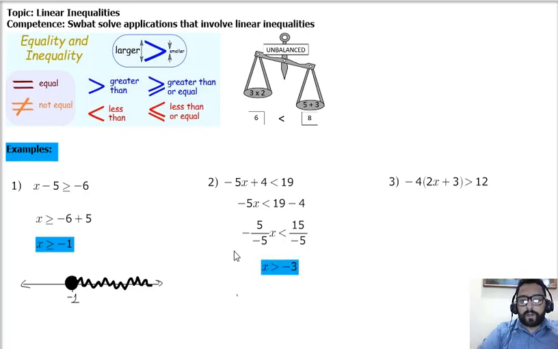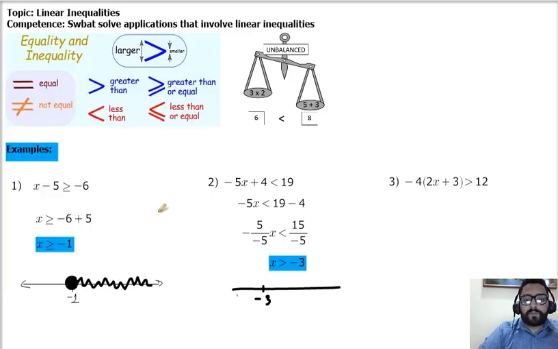Then when we need to represent this in interval or graph notation, in this case we are going to use graph notation. We are going to start from negative 3 here, and we are going to take values greater than negative 3, for example negative 2, negative 1, 0, 1, and 2, and to positive infinity.